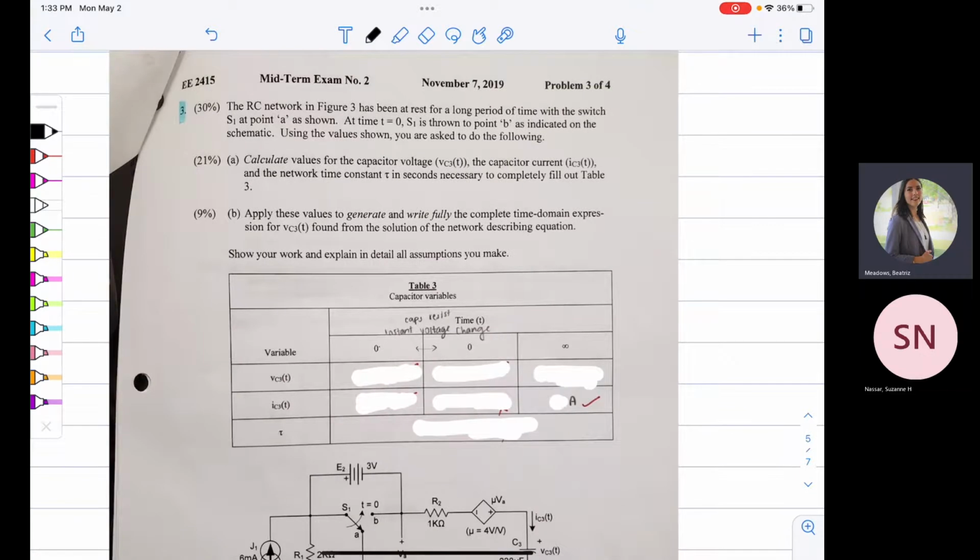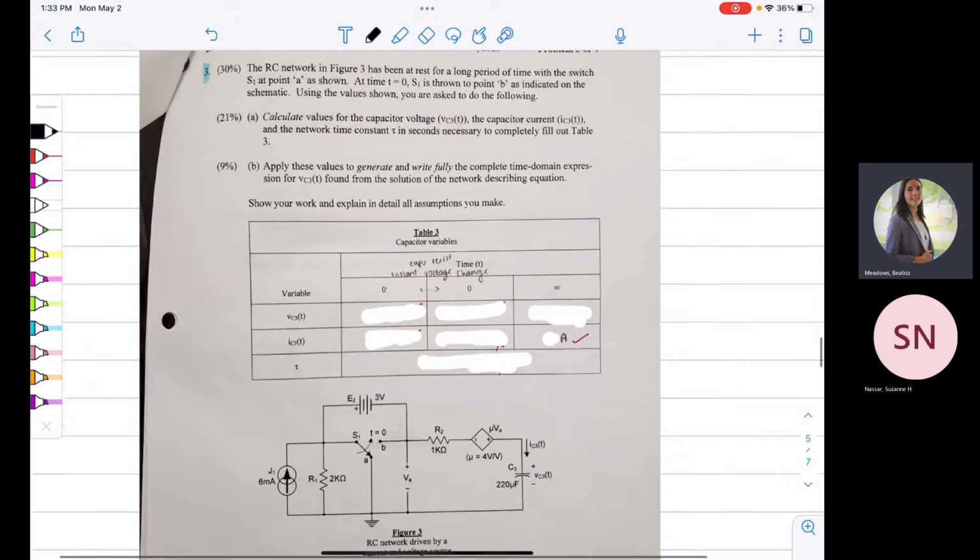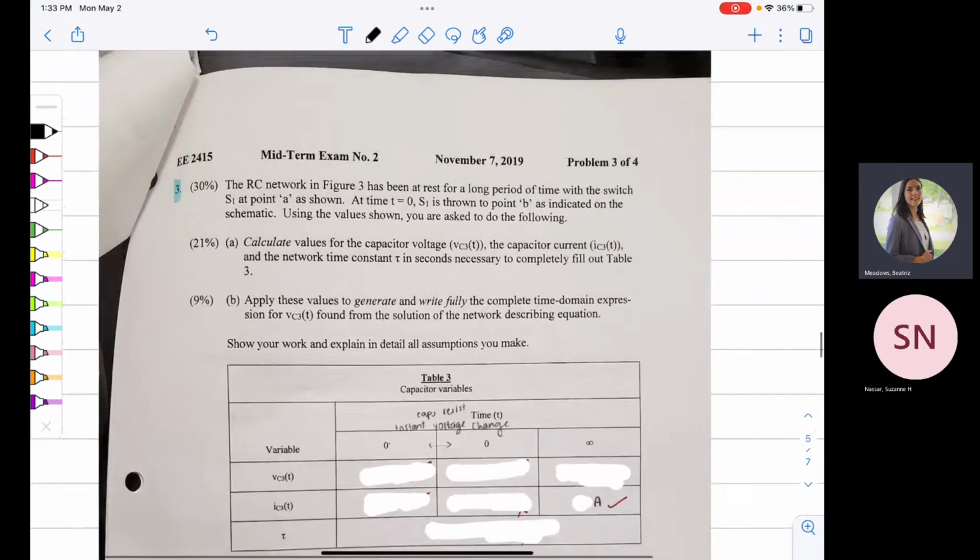So this next one here is analyzing an RC network. I don't know if you guys can see all that. You guys read this first.